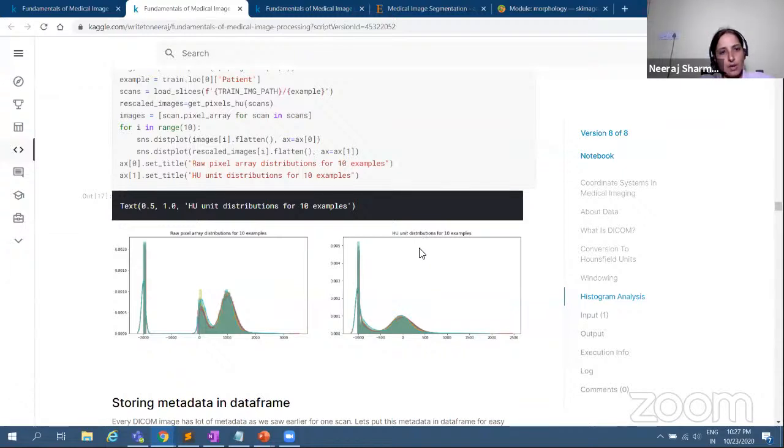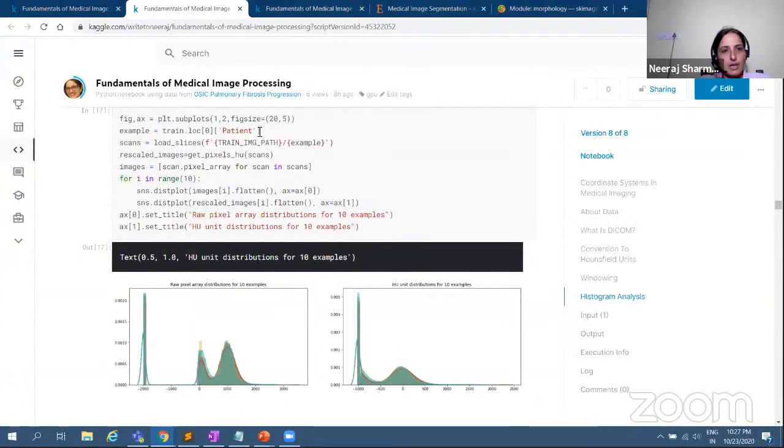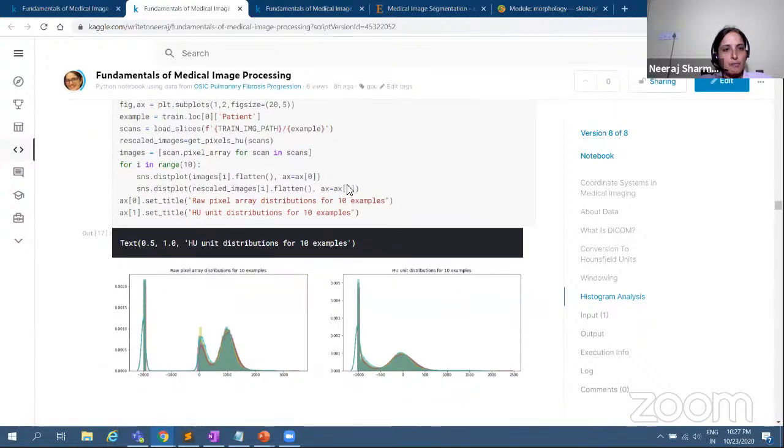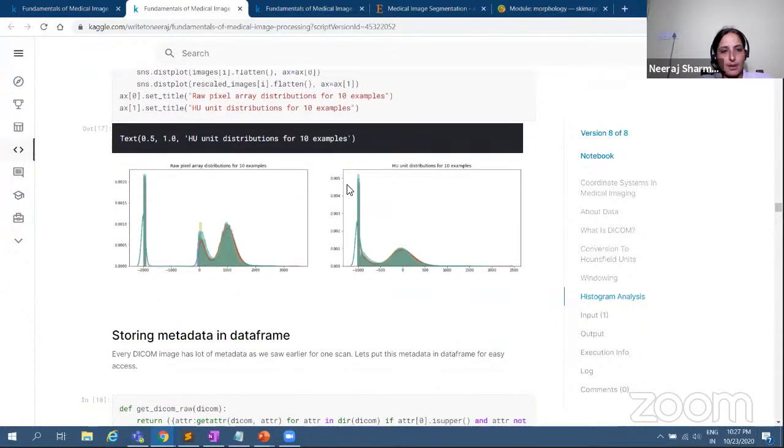So we got the raw scans here. What we are doing here is taking the first patient, loading the slices in the scan, and then rescaling the images into pixel HU, and that's what we are plotting here.